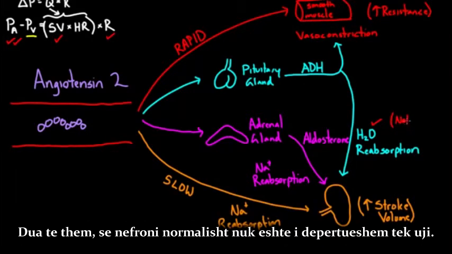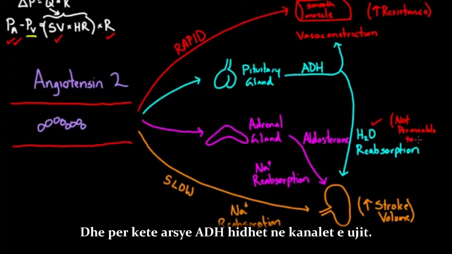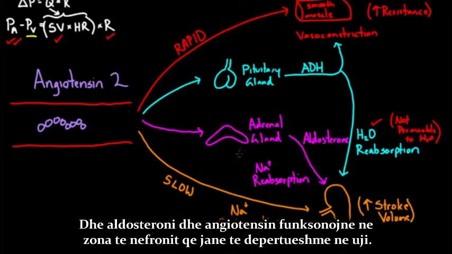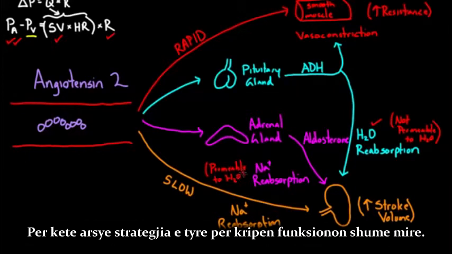The nephron is not permeable normally to water. And so that's why ADH throws in a bunch of water channels. And aldosterone and angiotensin work in areas of the nephron that are permeable to water. And so that's why their salt strategy works pretty well.